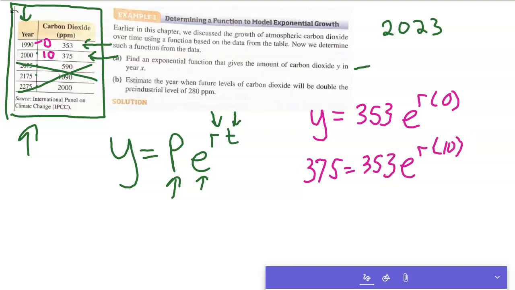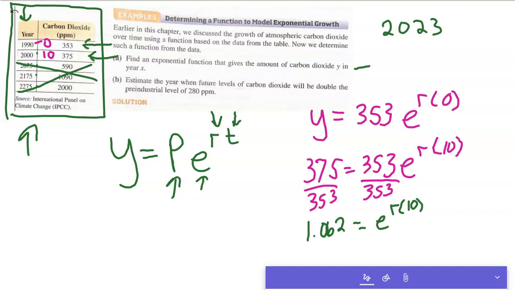We could solve this for r to come up with our rate of growth for our specific problem. So what you would do is divide by 353 to get the e term by itself. When we do that, we get 1.062 equals e to the r times 10.